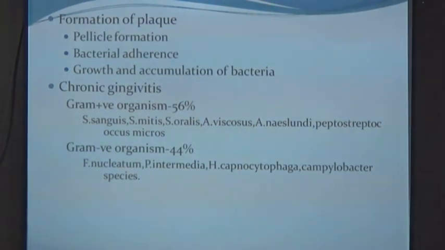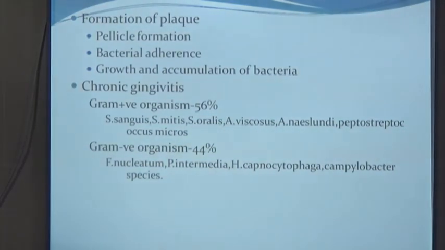So how does the formation of plaque take place? Initially there is going to be a dental pellicle, and then over that pellicle the bacteria adhere. Growth and accumulation of the bacteria takes place. You should remember these three things: first, dental pellicle formation; over that, bacterial adherence; and then only multiplication of the bacteria takes place.